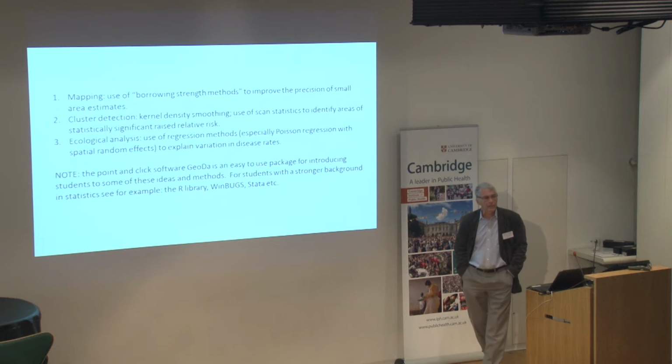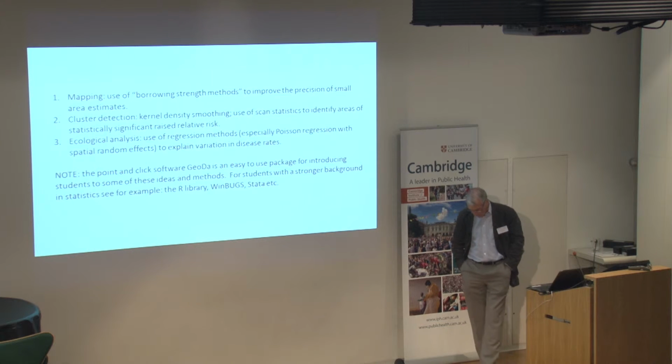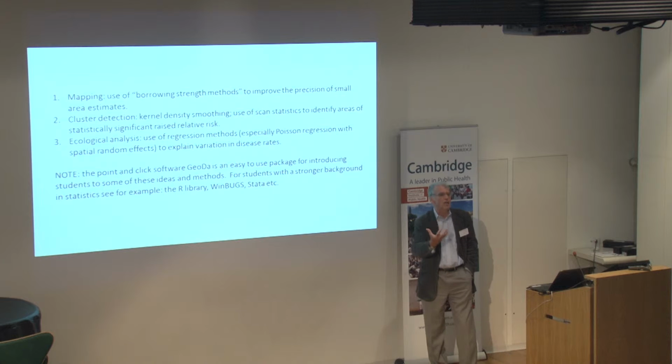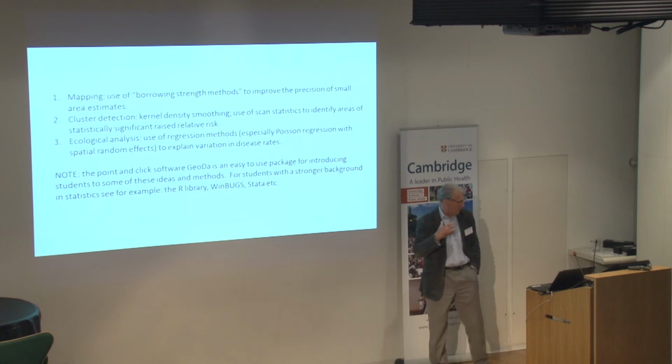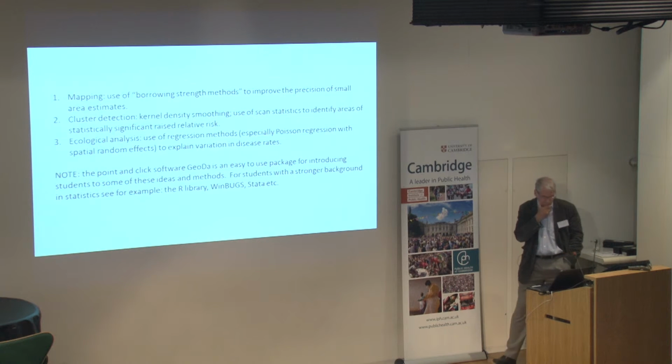Now, in each of those three categories that I refer to, mapping, cluster detection, and ecological analysis, mapping these days typically uses what are called borrowing strength methods. And this exploits a positive feature of spatial dependence, that is, the ability to draw in data locally in order to improve the precision of the estimates that one may be seeking to present in map form.